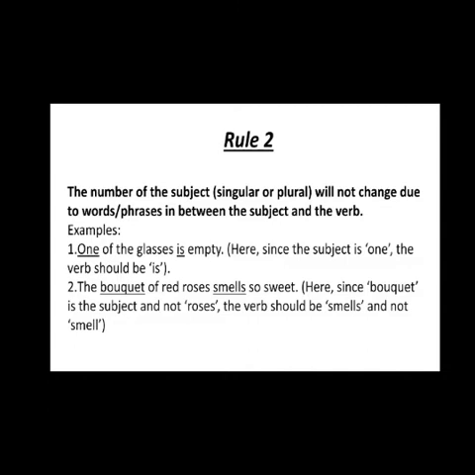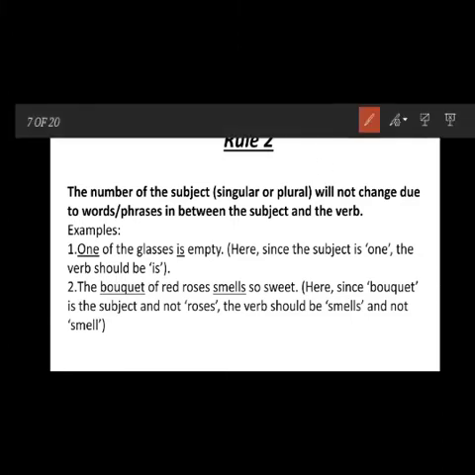The second rule is the number of the subject will not change due to words or phrases in between the subject and the verb. The subject number should not change according to the words between the subject and the verb.